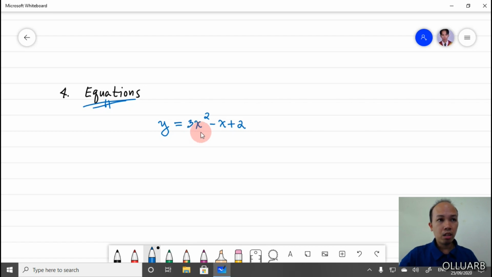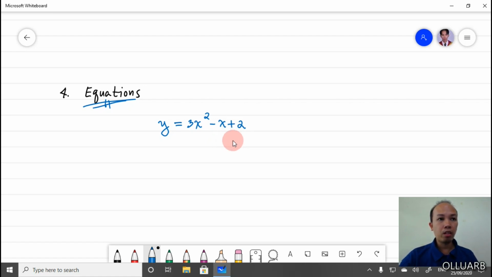There is a meaning of this equation if you put a number. For example, if you put 2, then there is a meaning when you have 2 squared, 3 times 2 squared minus 2 plus 2. So there is a value.